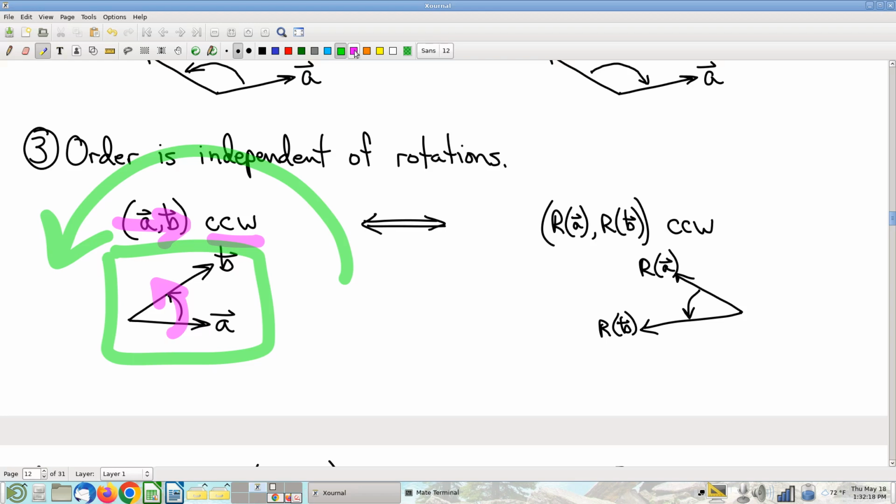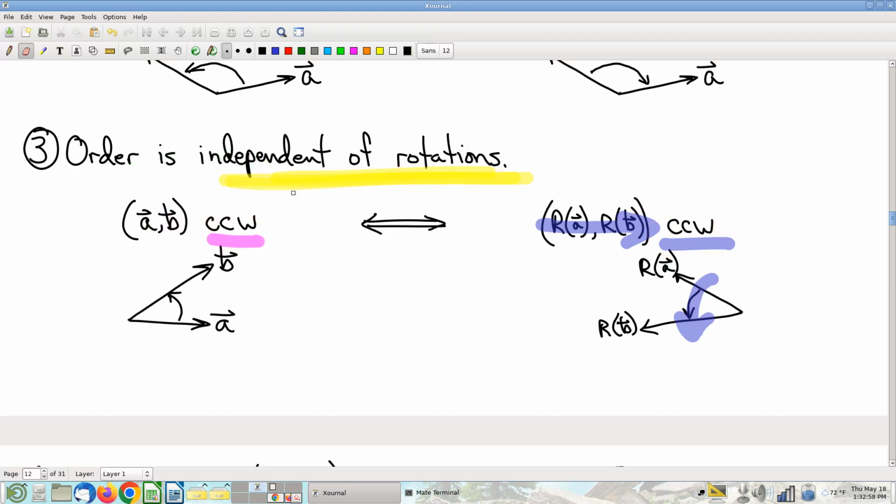Having done that, notice that the new list is still counterclockwise. So what I mean by independent of rotations is that rotating doesn't do anything to clockwise versus counterclockwise. Here's one way to think about it. If you look at a regular clock face, with the hands going like that, and you turn your head to the side, it still goes the same direction, right? So, of course it does. Again, a silly, obvious observation.